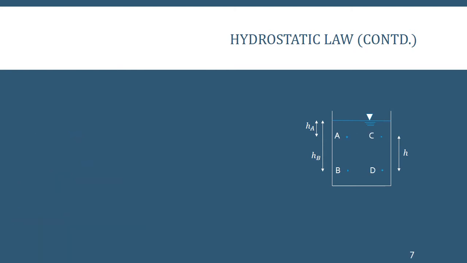So let us consider the 4 points here. There are 4 points here, A, B, C and D. Let us consider how they are related. A is at a distance of HA, B is at a distance of HB, and the distance between these points is H. Now let's see what is the relationship between the pressures at these 4 points. What is the relationship between PA, PB, PC and PD?